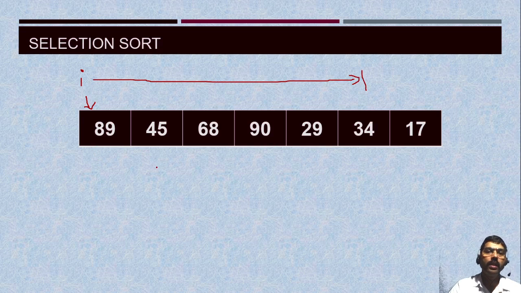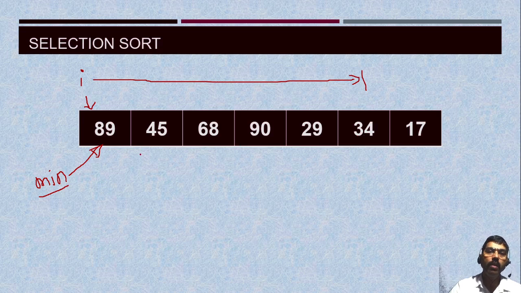We have one more variable called minimum, which is initially pointing to the first element, and this variable holds the index of the smallest element in the list. Once the pass is completed, the minimum variable contains the index of the smallest element of the list.